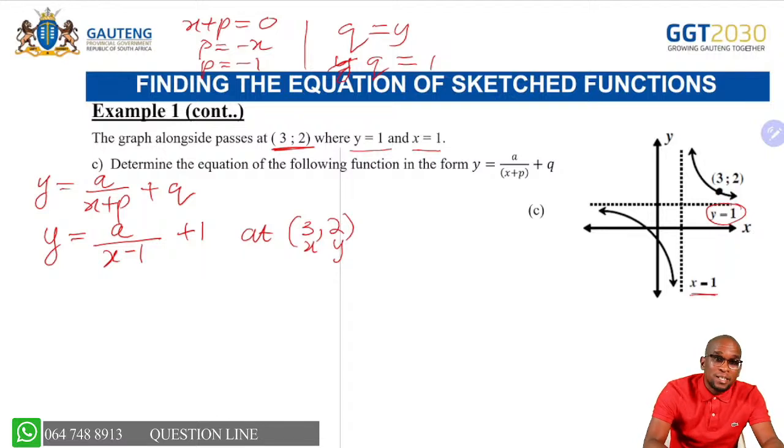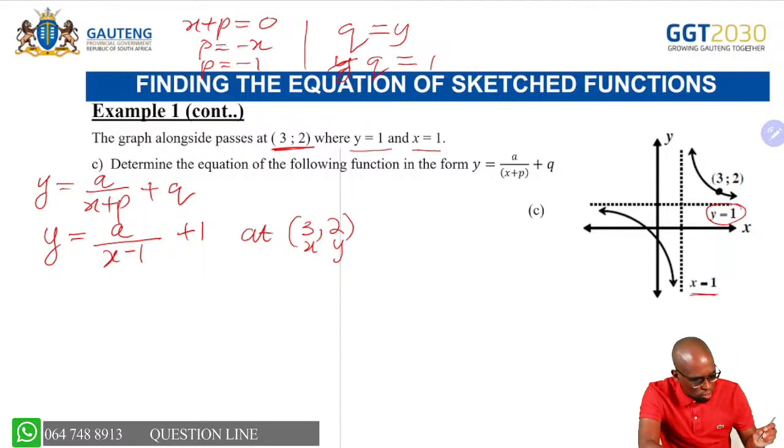So I'll substitute the point into the equation to find the value of a. You've seen with the previous two problems that after I've found the value of a, I will then be able to determine the equation of the function.